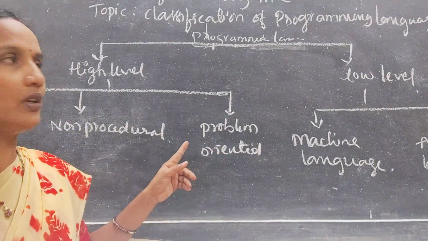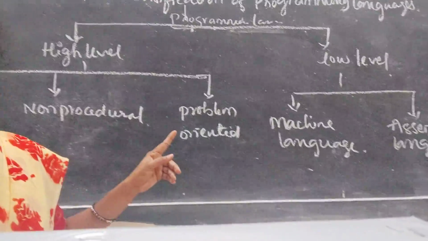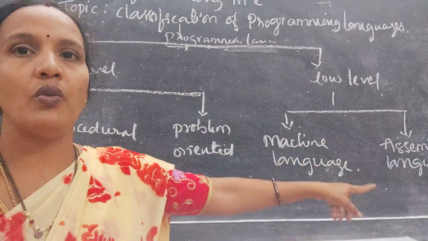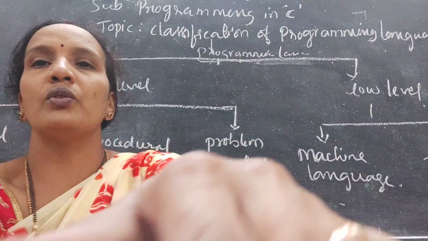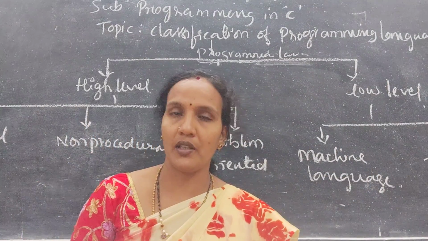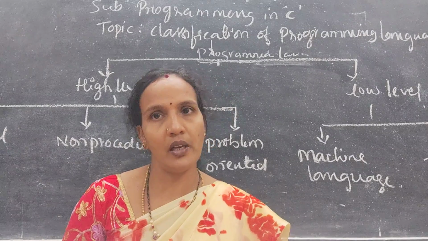Now come to the low level languages. The first one is machine language and the second one is assembly language. So totally, whatever programming languages are there are classified into two types: high level and low level.